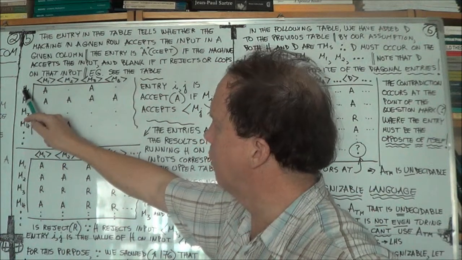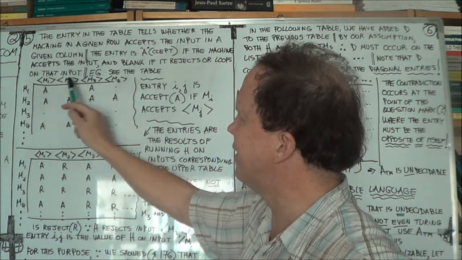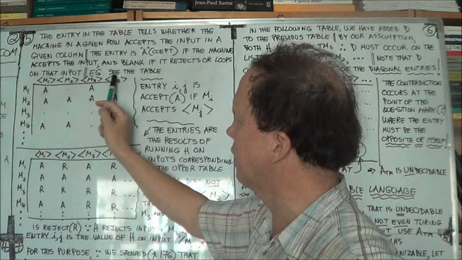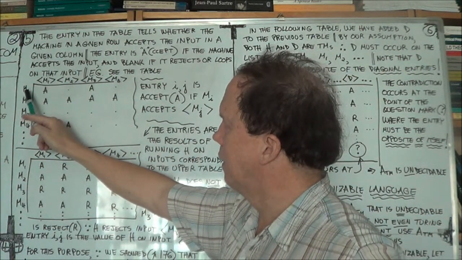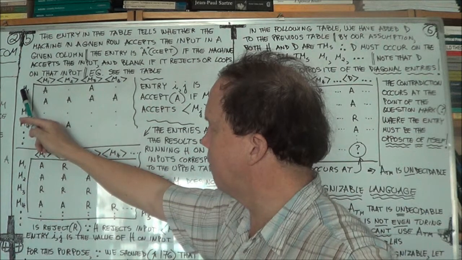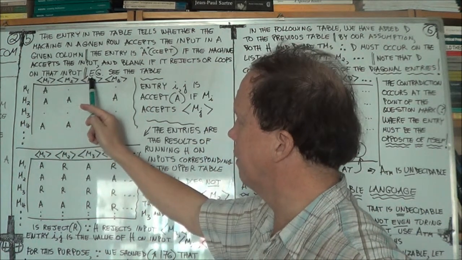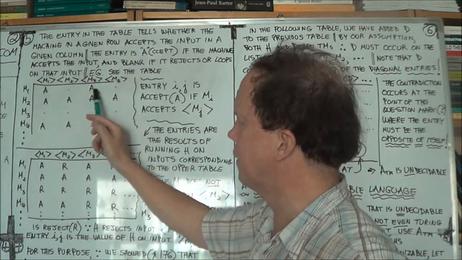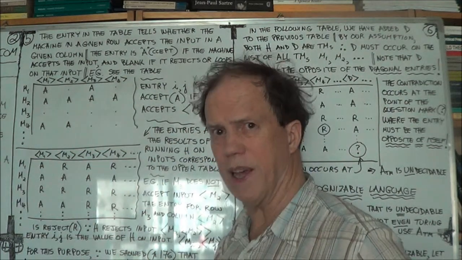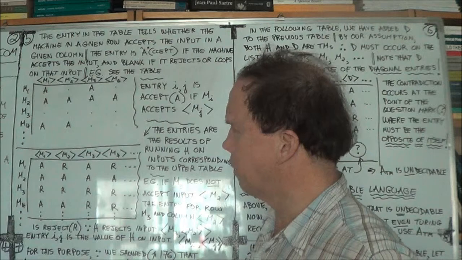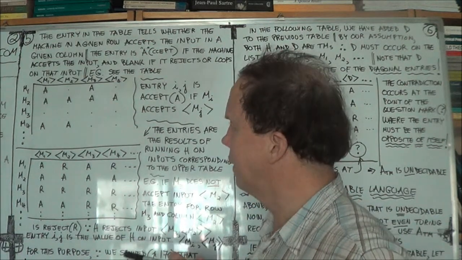If Turing machine M1 has as input, so these are input strings, right? So if M1 has as input string angular bracket M3, it would accept. There's an A here. Now where I've got the dots, look on them as blanks. So you just have a blank entry in the matrix.